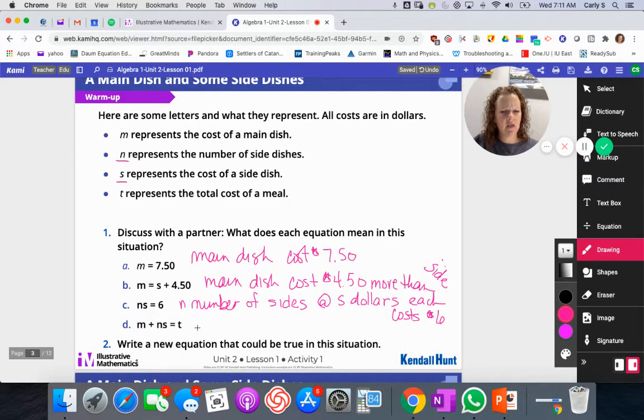Now this one is an equation with all letters, no numbers. What do you do with that?